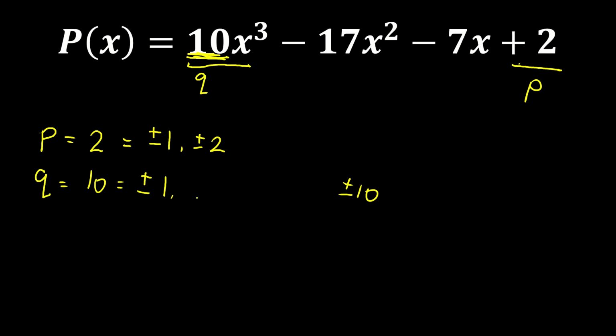Sunod, ano pa yung sunod na number? Di ba? Positive, negative 2. O, saan yung multiply yung 2 para maging 10? Sa 5. So, yan, positive, negative 5. Meron pa ba? Wala na, di ba? Yan na lang. We have positive, negative 1, 2, 5, and 10.